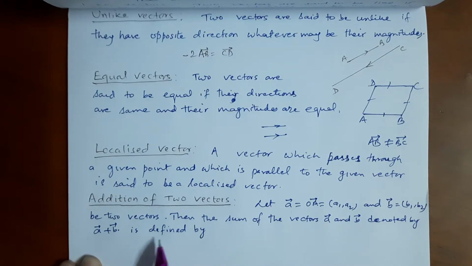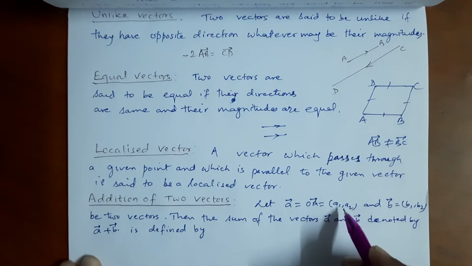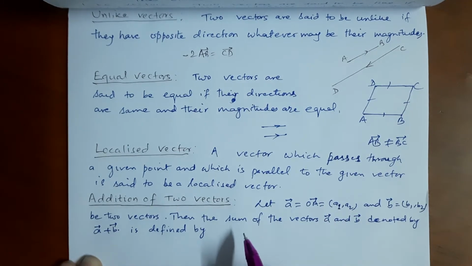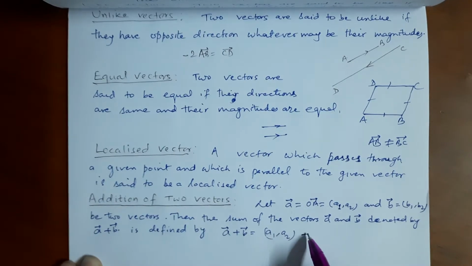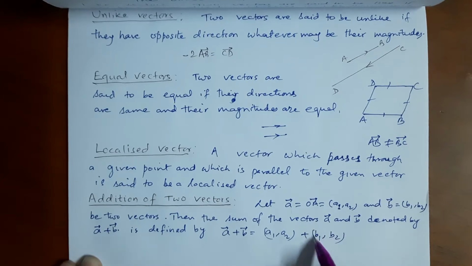While adding these two vectors, we add just like the addition of ordered pairs. It's defined by vector A plus vector B equals (A1, A2) plus (B1, B2).